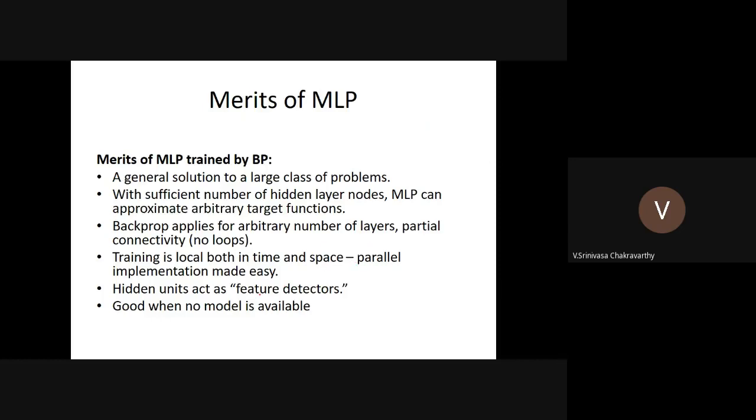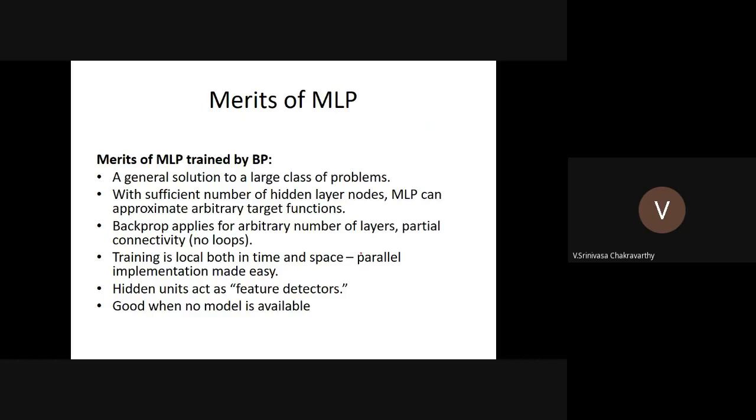Then the hidden neurons act as feature detectors. We'll talk a little bit more about this later. But point is, if you look at traditional pattern recognition algorithms, let us say you want to recognize speech. You take the speech data and extract a lot of features, and then you better be good at those features that you are computing, and then give that to some kind of a classifier, and it classifies it.